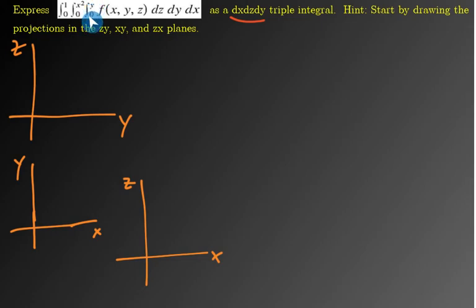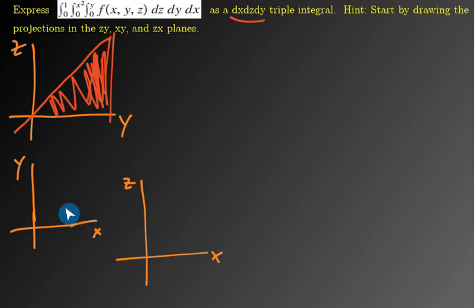In your zy plane, which is probably the easiest one to do, z is going from 0 up to the line z equals y, which is just this line. You get this kind of thing, and it eventually gets cut off over there. We'll talk about that in a second. But that's what it would look like in zy.